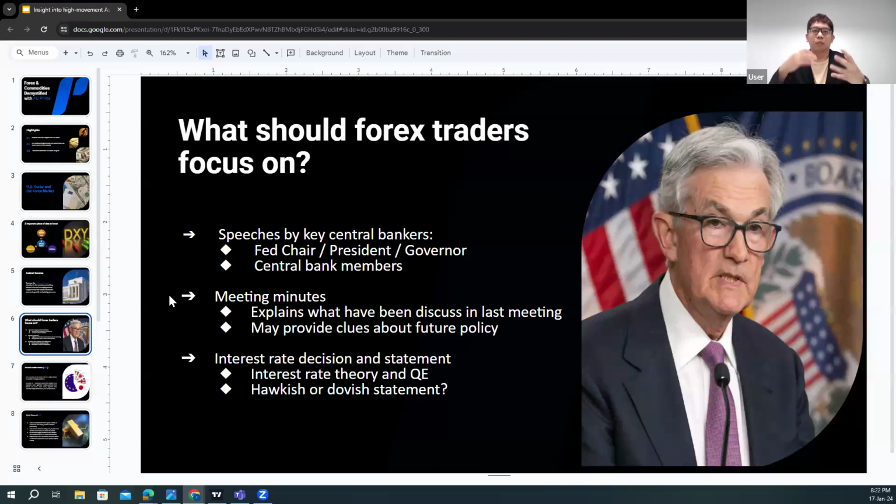After we read them, or even when we look at the news, we see the highlights. People will have their own perception of the meeting minutes. So we gather all the sentiments in the market after they read them. They will come up with a narrative, whether this is a hawkish one or a dovish one.